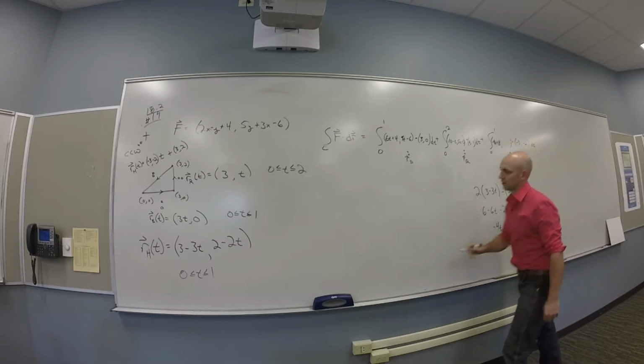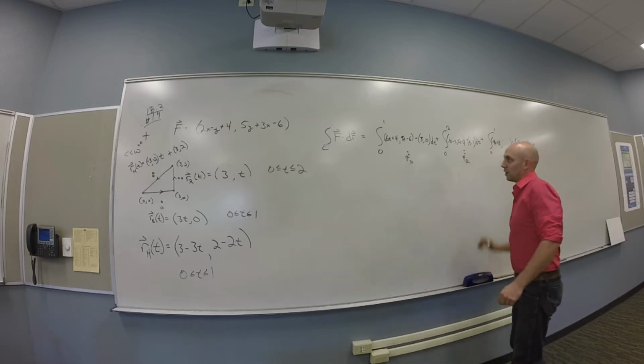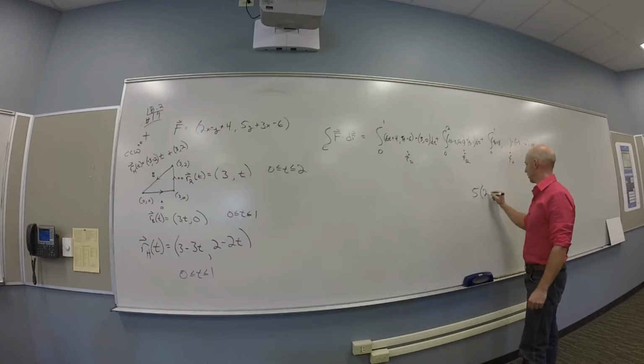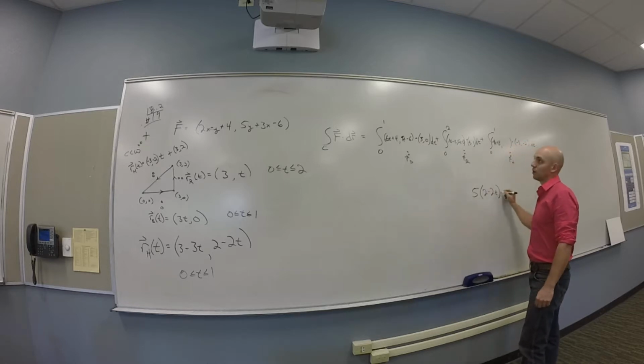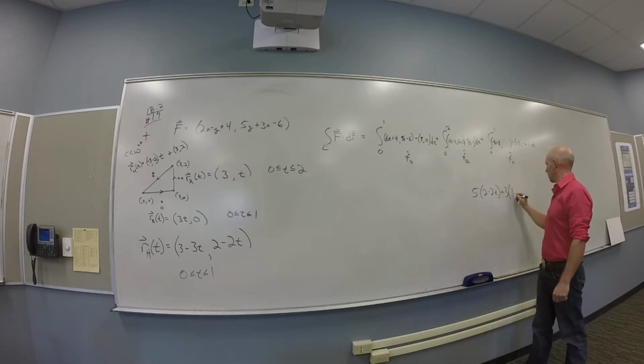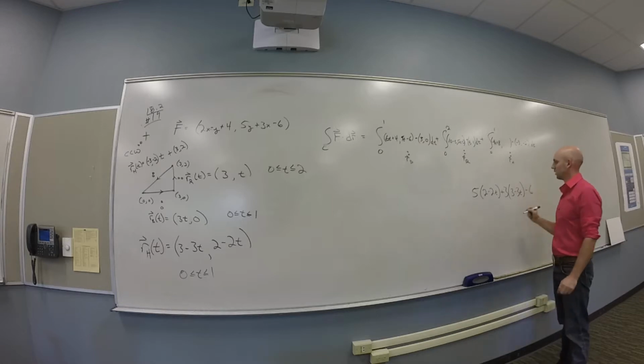And now the other one. I need 5 times, what was y? 2 minus 2t, plus 3 times 3 minus 3t, minus 6.